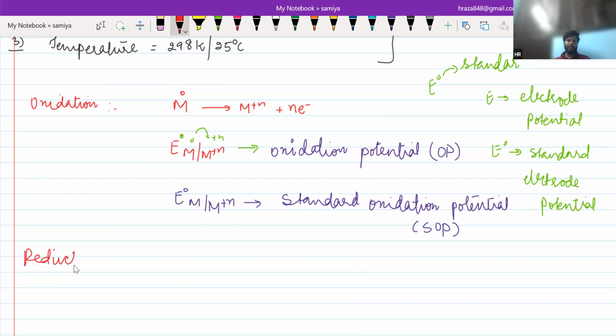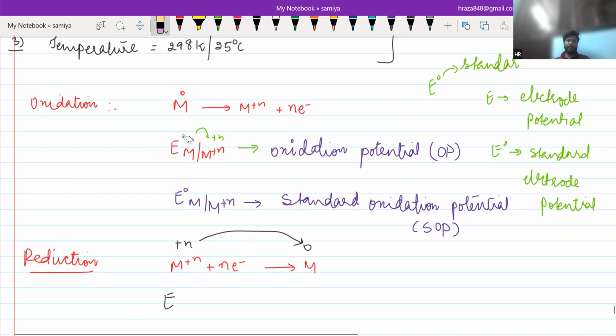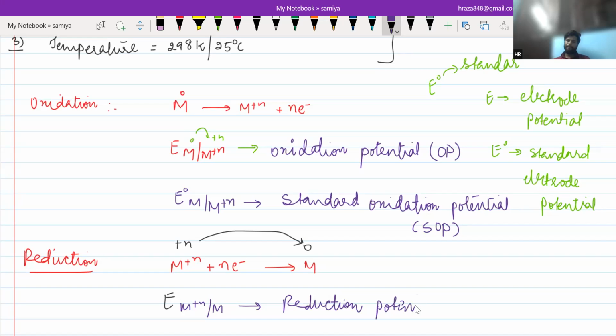Similarly, for reduction, you know that M plus n will gain n electrons and be converted into M. That means it initially has oxidation state plus n and now it is 0. So I'm going to write E M plus n slash M is the reduction potential, RP.